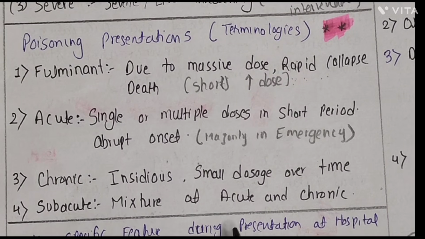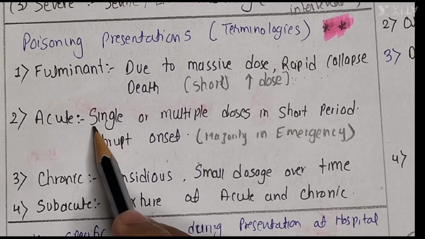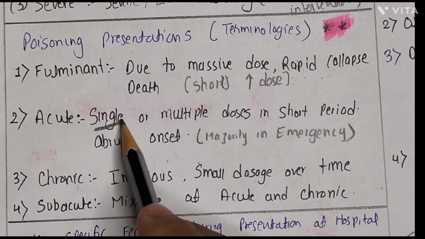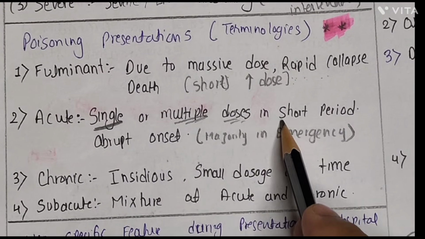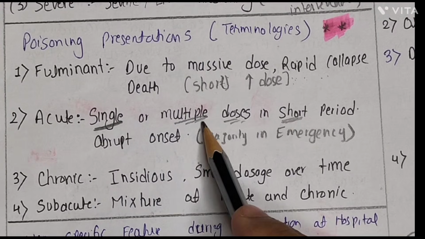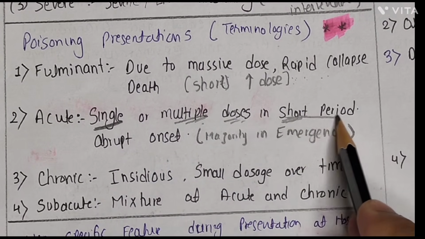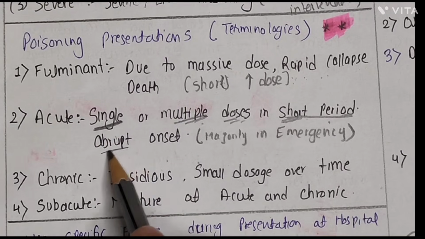Then we will be seeing acute poisoning. In acute poisoning, the poison or toxins may be exposed in a single large dose or in multiple small doses, or the multiple doses may also be large, not an issue, but the exposure duration is very short and the clinical features will be abrupt, right?